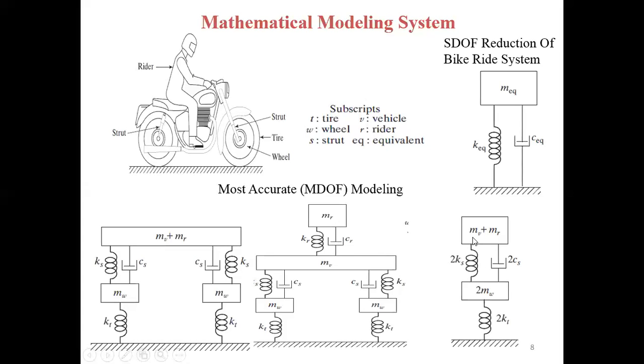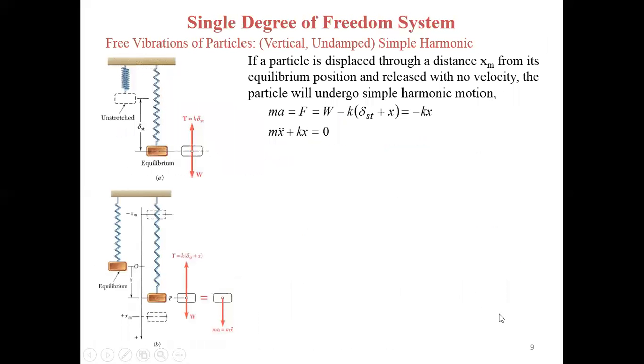So the mass of vehicle plus mass of rider, 2 stiffness coefficients and 2 damping coefficients, 2 wheel masses and 2 stiffnesses, right? So it is a single degree of freedom system, so free vibration of particles is like simple harmonic motion.